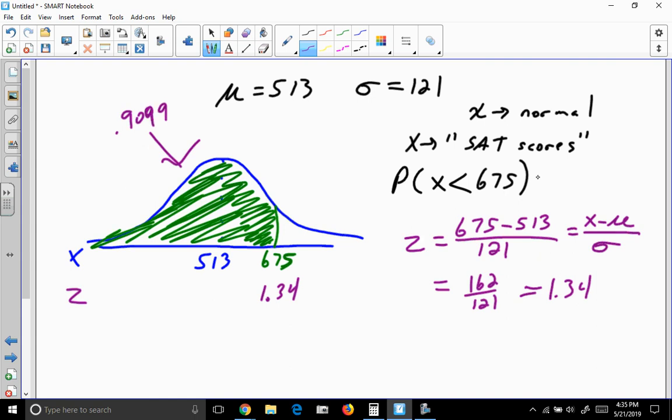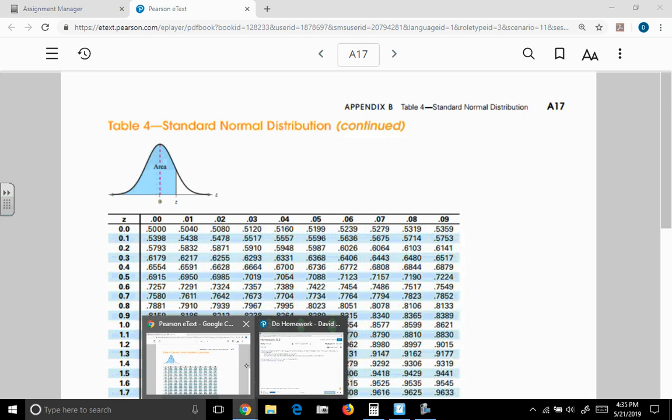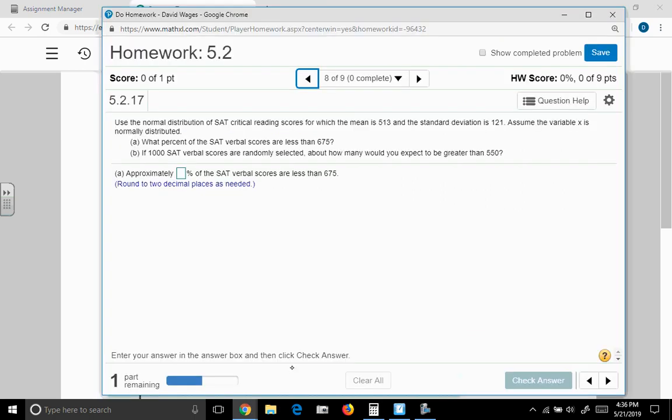So in other words, 90.99% of the population make less than 675 on the verbal part of the SAT. This is the proportion of people that make less than 675 on that test. So that's what the first part of the question is asking.